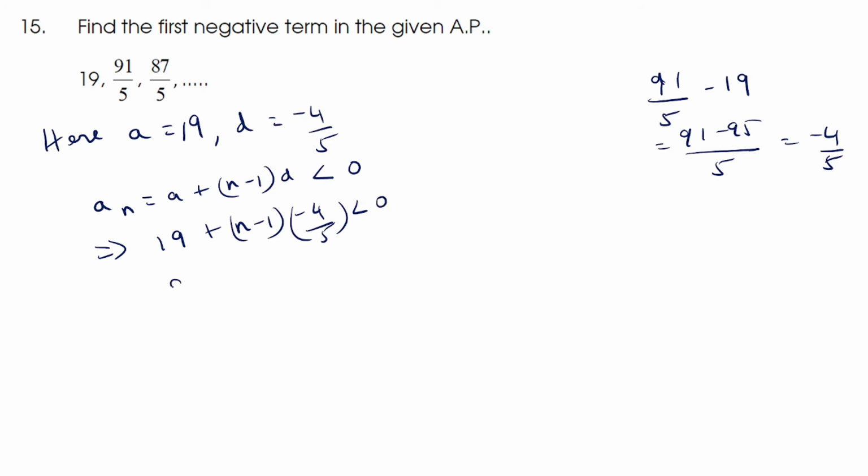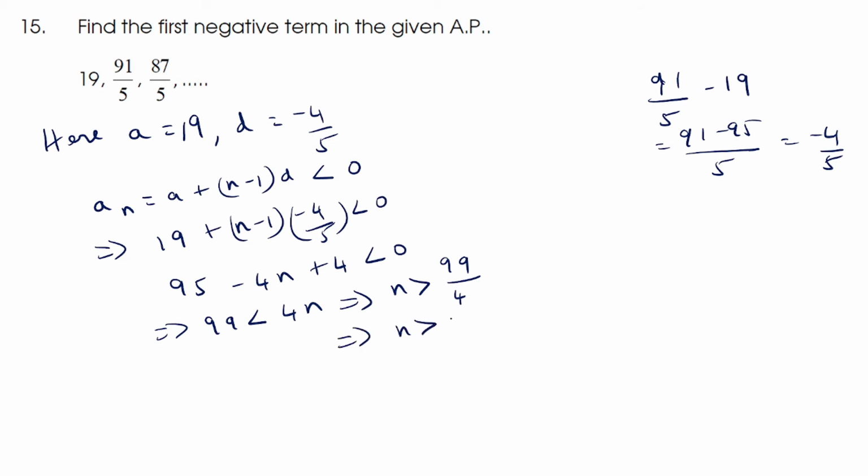Or here we have 95 minus 4n plus 4 less than 0. Or we have 99 less than 4n, which means n greater than 99 by 4. Now 99 by 4 is 24.75. So n is greater than 24.75. So the first natural number which is greater than 24.75 is 25. So this means n is equal to 25.